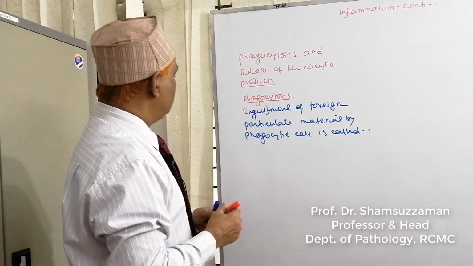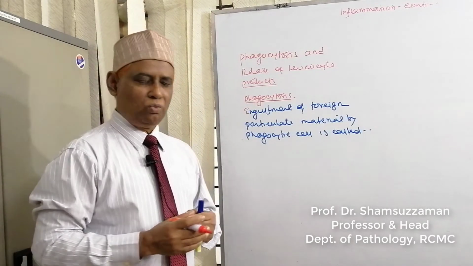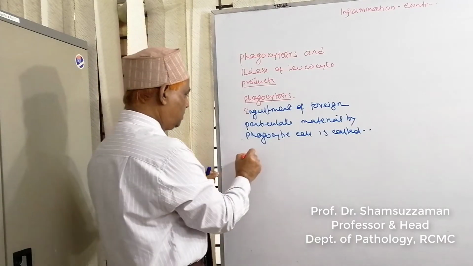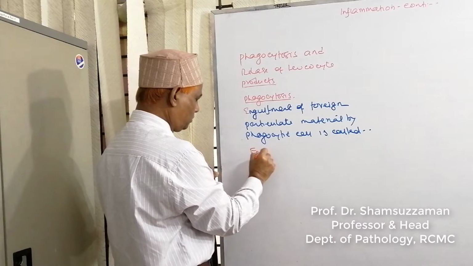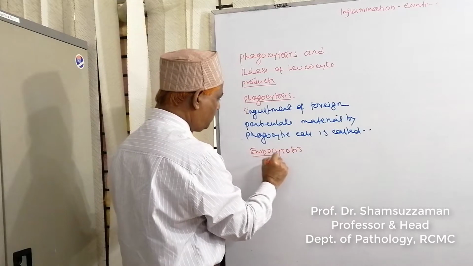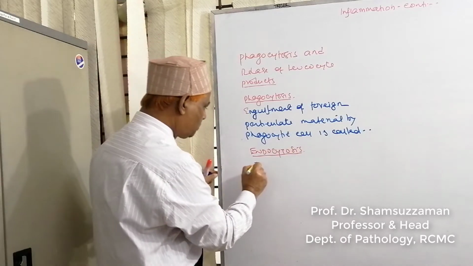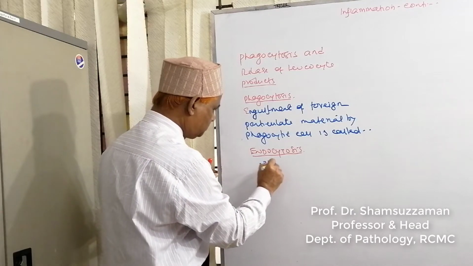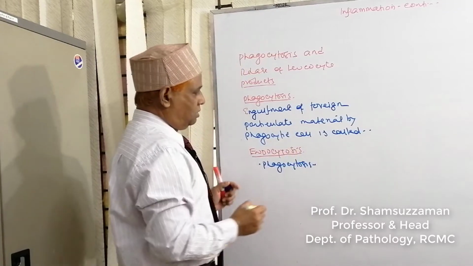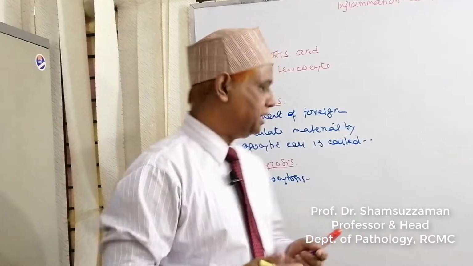Dear audience, before going to discuss phagocytosis, we can recapitulate another term, that is endocytosis. What we mean by endocytosis? Endocytosis includes, one is phagocytosis, which is nothing but cellular eating.